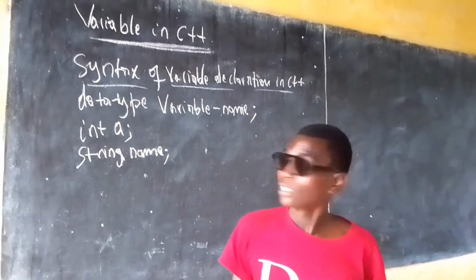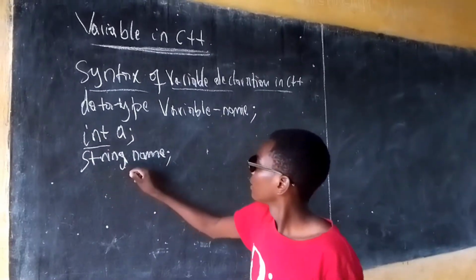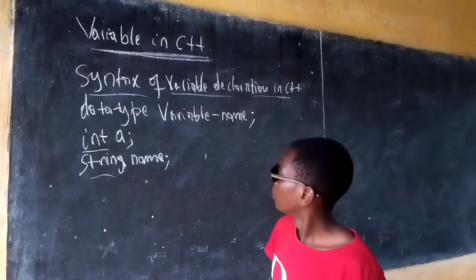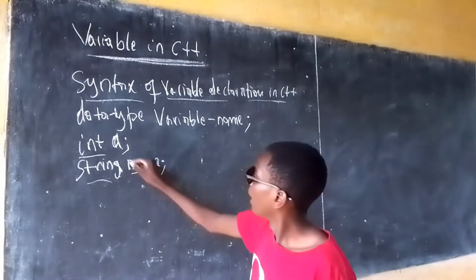As you see in our example, int and string are data types, whereas age and name are variable names.